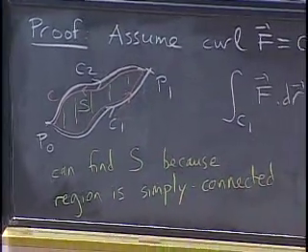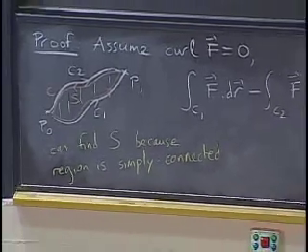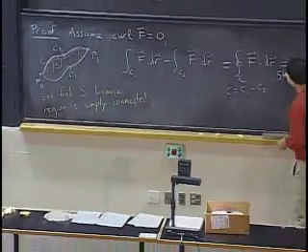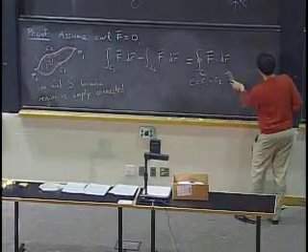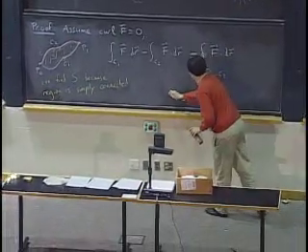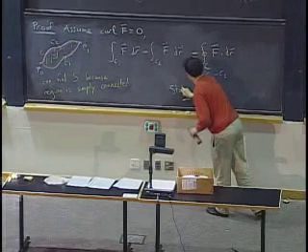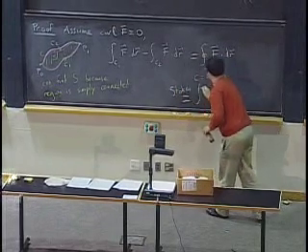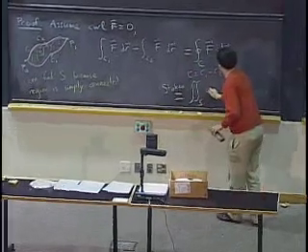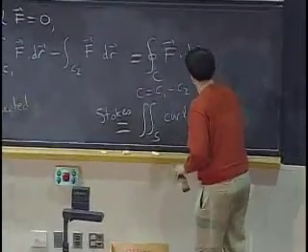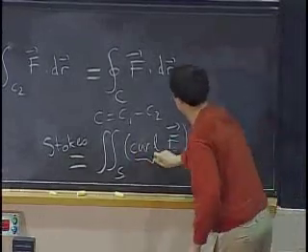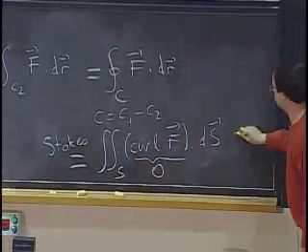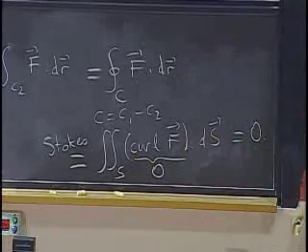Now that tells us we can apply Stokes' theorem. That's equal by Stokes to the double integral over S of curl F dot n dS. But now the curl is 0, so if I integrate 0, I will get 0.